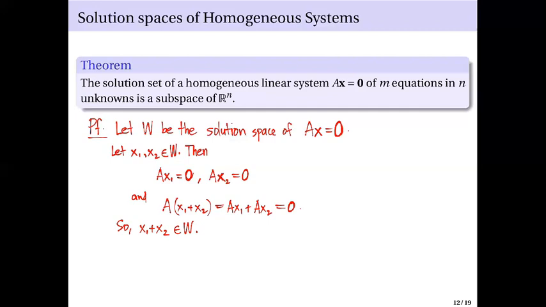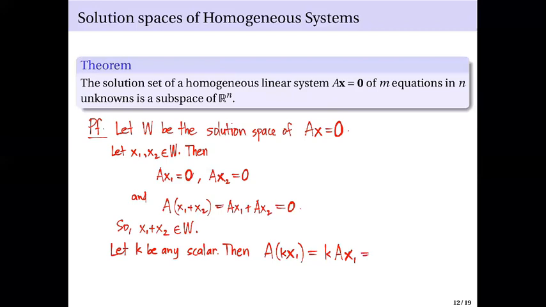The second statement, let k be any scalar, then what do we have? A(kx1). But this is simply k(Ax1), right? You can factor out the scalar k outside the matrices.